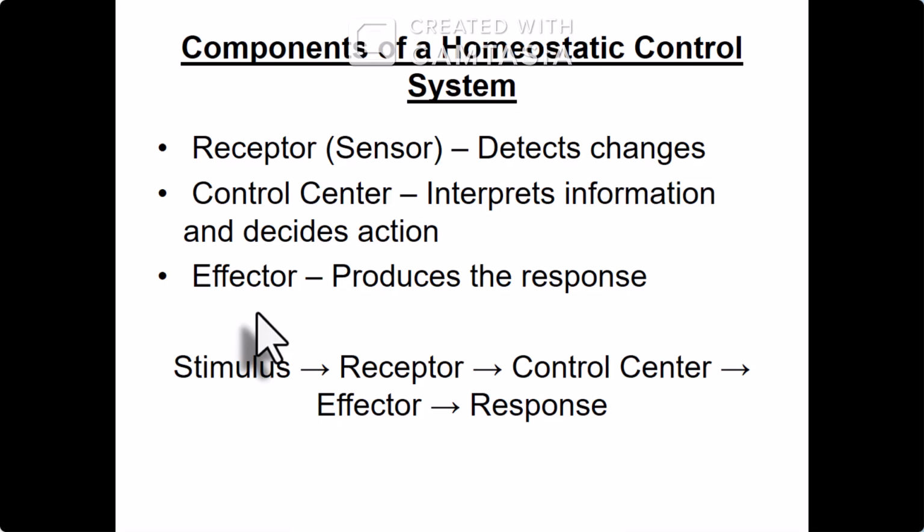Then the third point is effector. So what are the responsibilities of effectors? The effector carries out the responses ordered by the control center. So examples include muscles, glands, blood vessels, etc. So together these components help restore balance in the body.